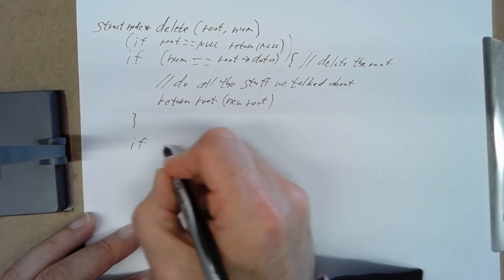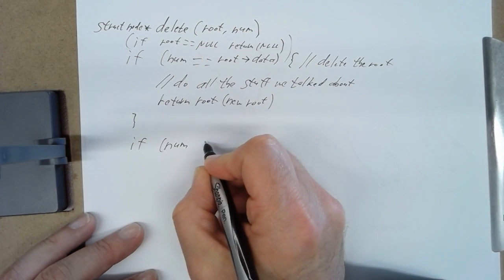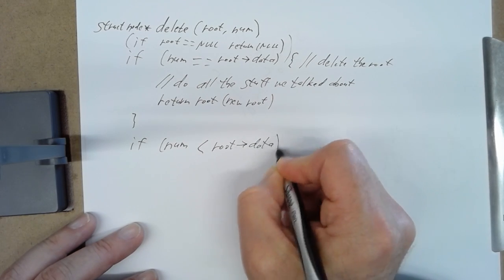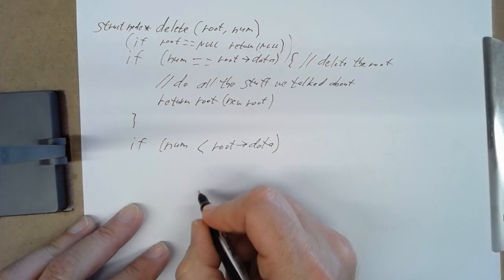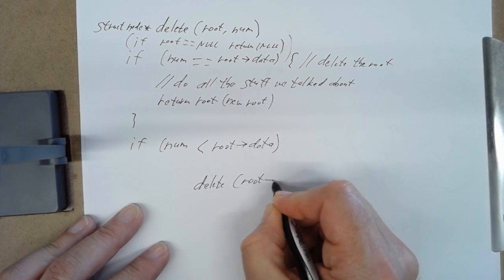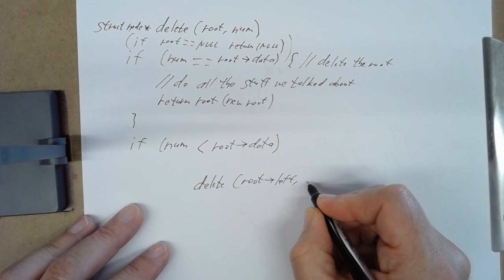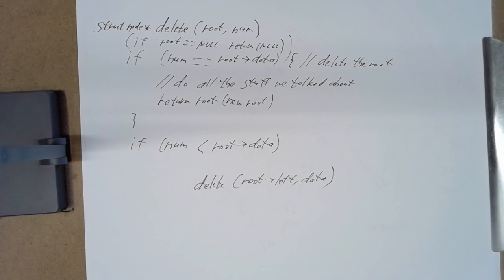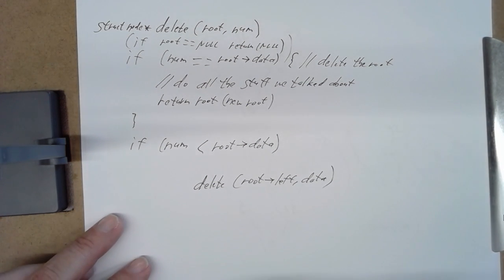Otherwise, if our number is less than root data, well, let's delete from the left subtree. How do we delete our data from the left subtree? Call our delete function. And that's going to return the new root of the left subtree.